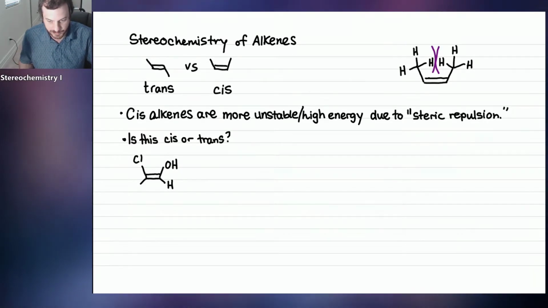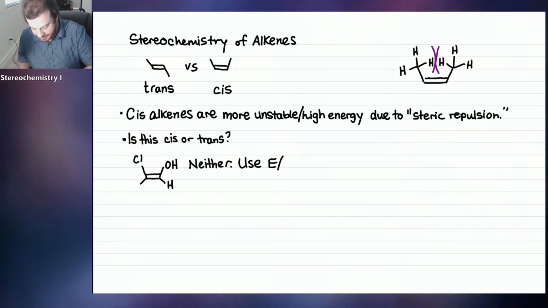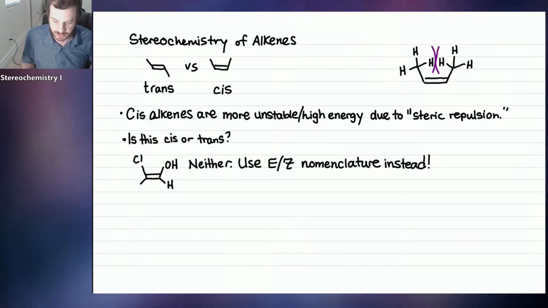We use a different form of nomenclature called EZ nomenclature. So we'll just say this is neither. It's too confusing to say cis or trans. So we're going to use EZ nomenclature instead, and that will make our job much easier.